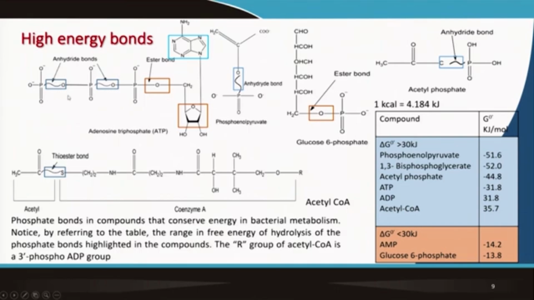These are anhydride bonds. So you have ATP, phosphoenol pyruvate, acetyl phosphate, and acetyl-CoA. So we will be looking at all of these compounds when we try to understand how energy is generated by the bacteria or other organisms in various redox reactions.